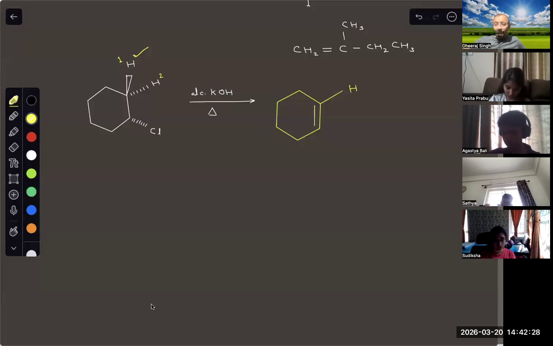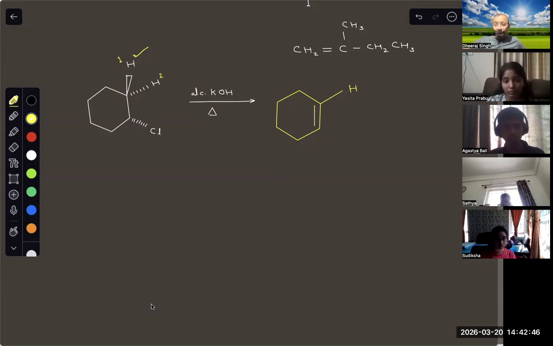Which one? Strong base favors. And what about unimolecular? That's a bimolecular reaction, two molecules are involved. So only that one statement is correct.